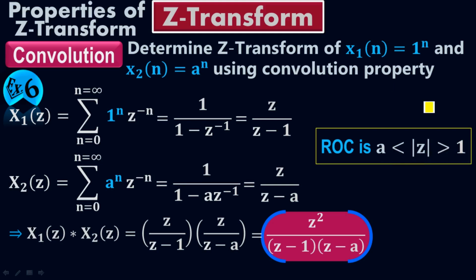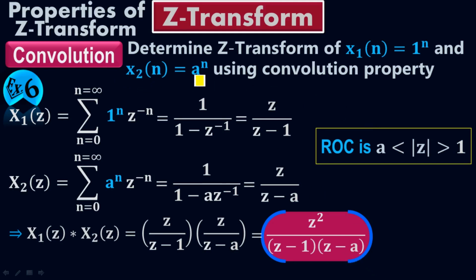When it comes to the right-sided signal, z modulus must be greater than the outermost finite pole. For the first signal, my outermost finite pole is 1. So z modulus must be greater than 1. We should go beyond 1, greater than 1, not lesser than 1. Similarly, for the second signal, my outermost finite pole is a.